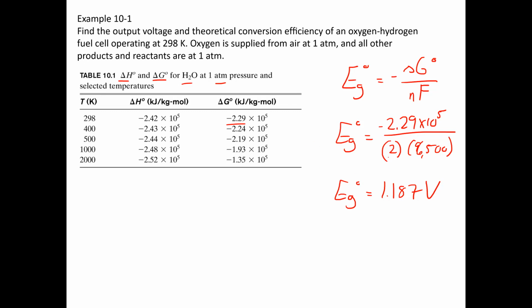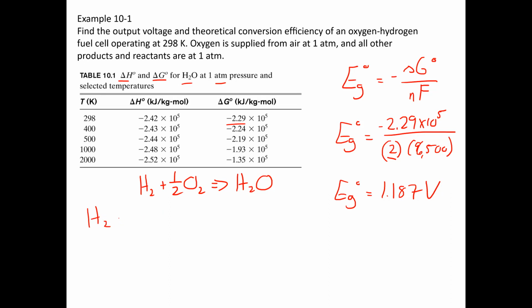Now, I always get questions of how do I know I got 2 electrons? Because, well, this reaction to get water, right? I have hydrogen plus 1/2 mole of oxygen yields water. And that is done according to a half reaction, right?